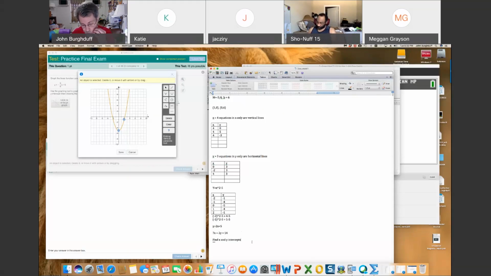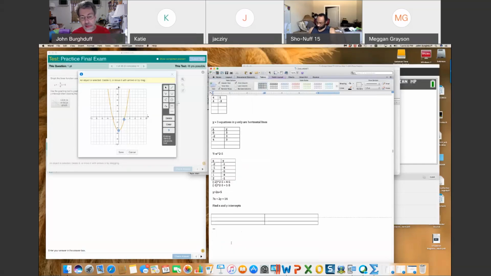You make another table, but you only need a couple things in it. It's still an XY table. But to find the intercepts, you do some really easy calculations. You first plug in 0 for x, and then later on you plug in 0 for y.